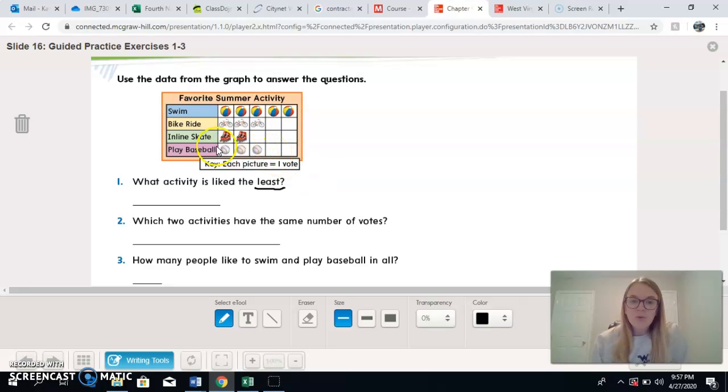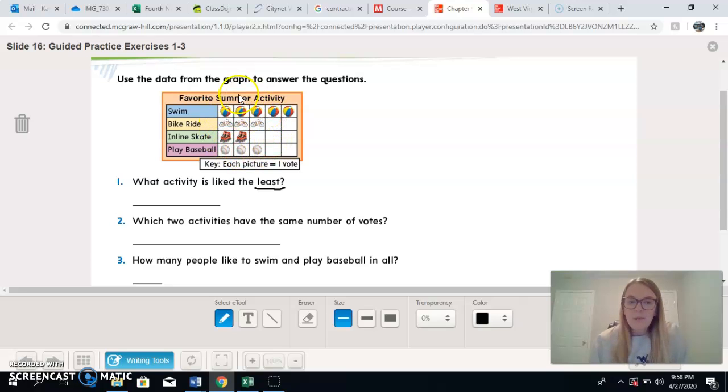So we could go through and we could count all of our pictures if we wanted to. So it says play baseball, it has 1, 2, 3. Inline skate says 1, 2. Bike ride has 1, 2, 3. And then swimming has 1, 2, 3, 4, 5.